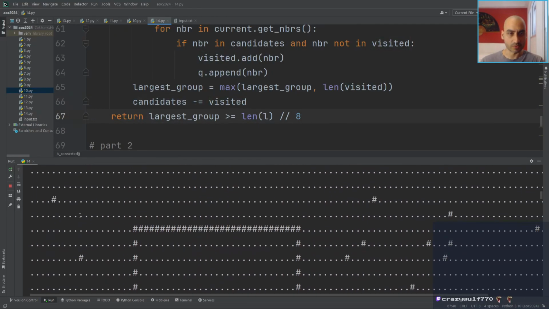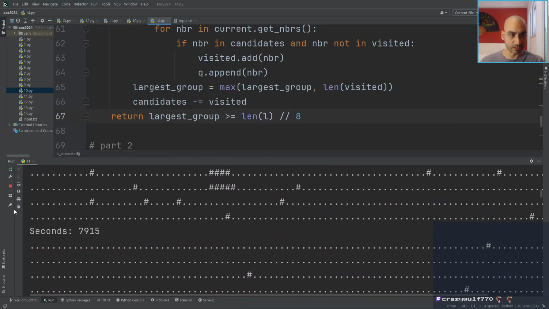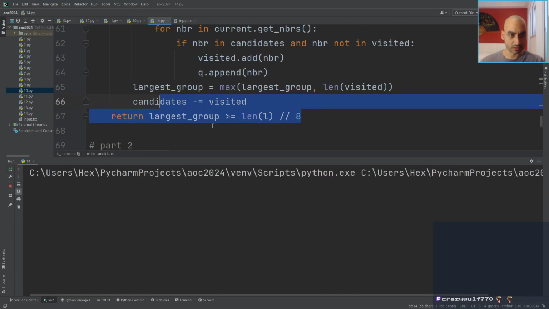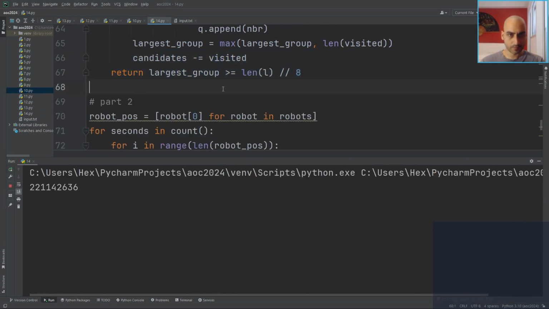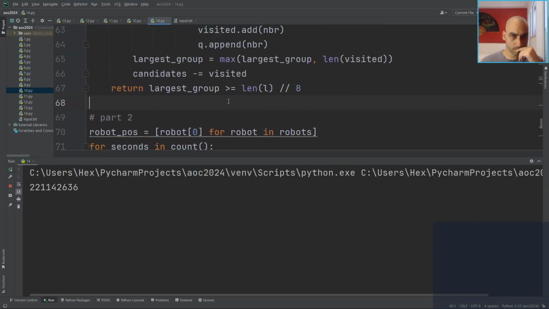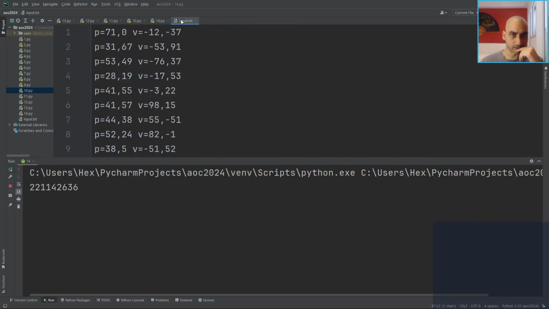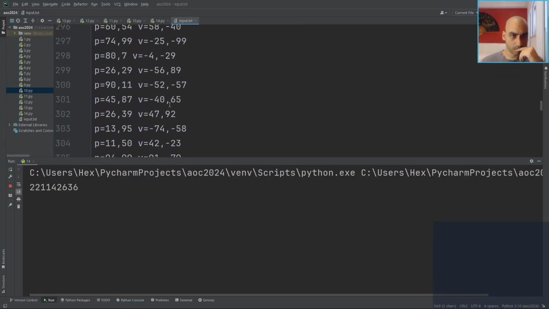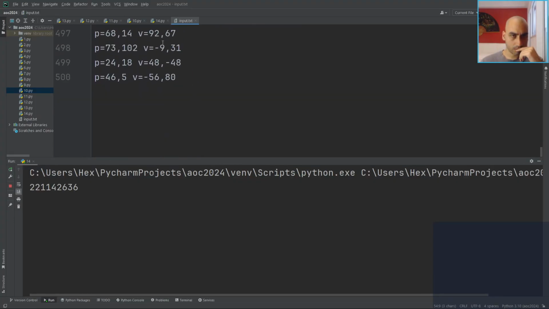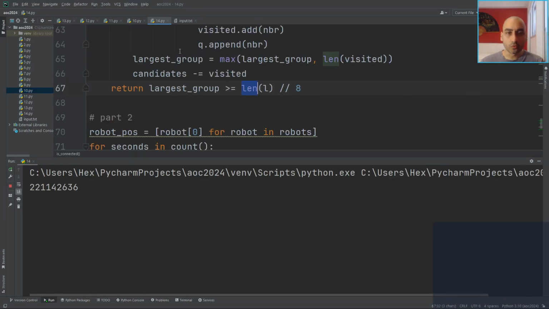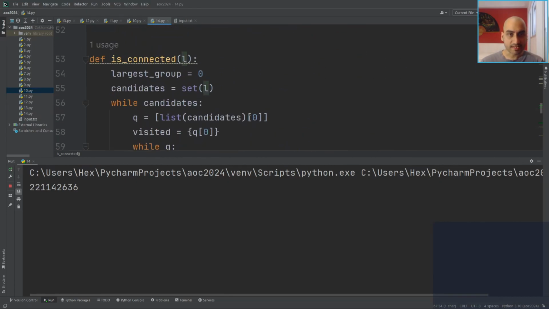Let's try that. So it was 7915. Let's try that again, make it more automated. So that might capture it. Length L is what? Oh, no, we don't want L, because that's going to be way bigger.